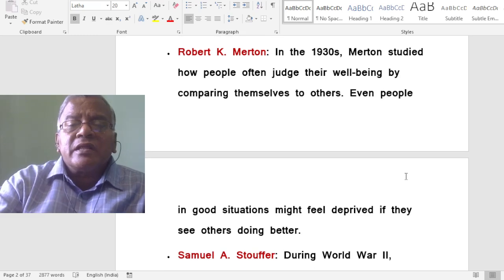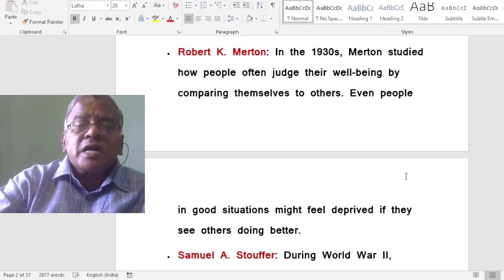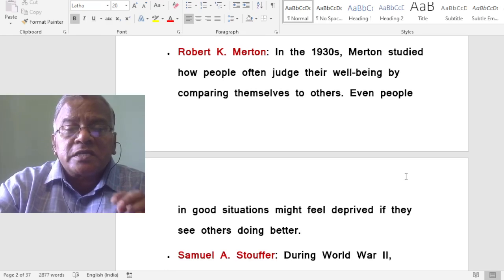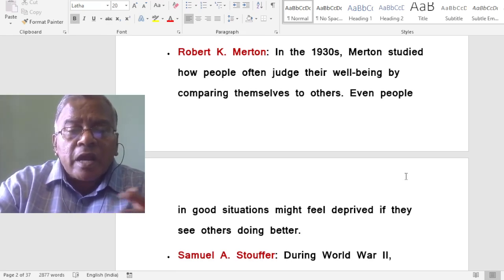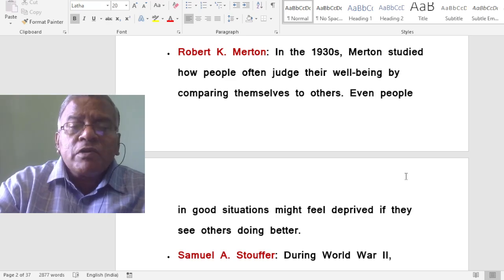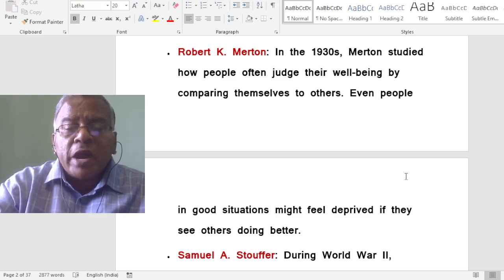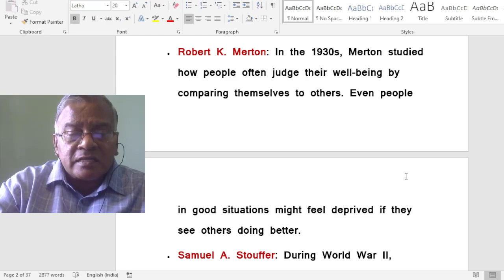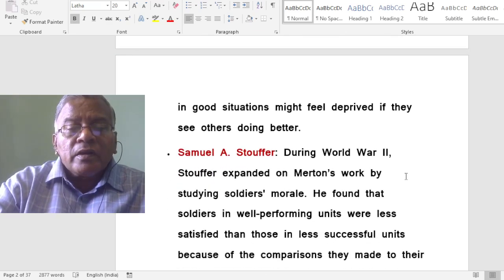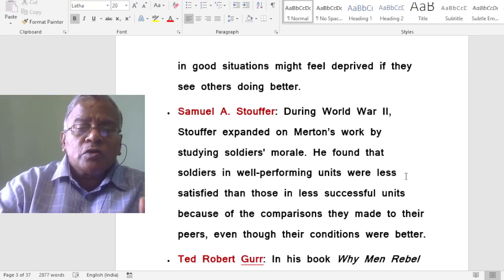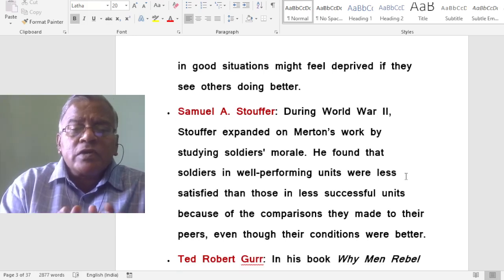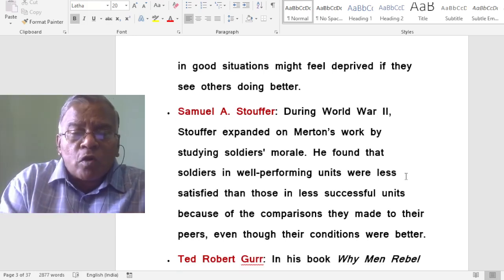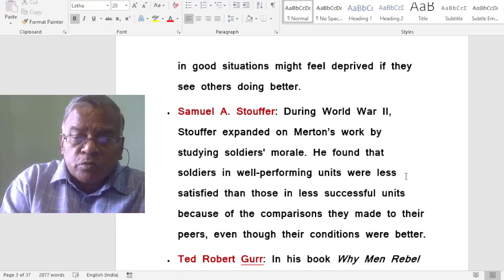Robert K. Merton: in the 1930s, Merton studied how people often judge their well-being by comparing themselves to others. Even people in good situations might feel deprived if they see others doing better. Samuel A. Stouffer: during World War II, Stouffer expanded on Merton's work by studying soldiers' morale.